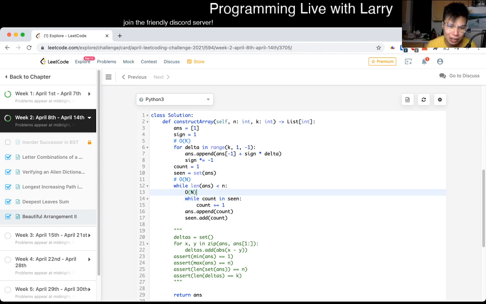And I do know that this in thing uses a set lookup, which depending on implementation could be log n or whatever. But let's just say for the sake of argument that we use a hash table that's O of 1. And yeah, so these combine to be O of n, and that's pretty much it.